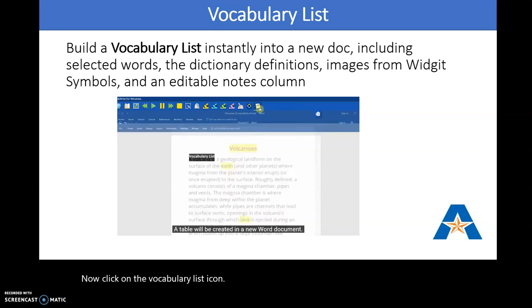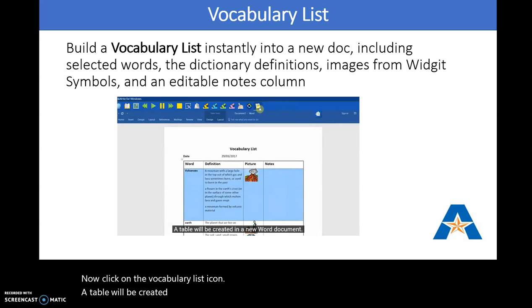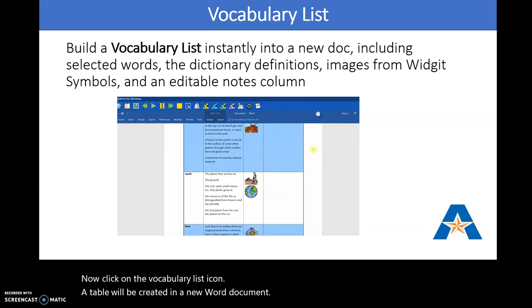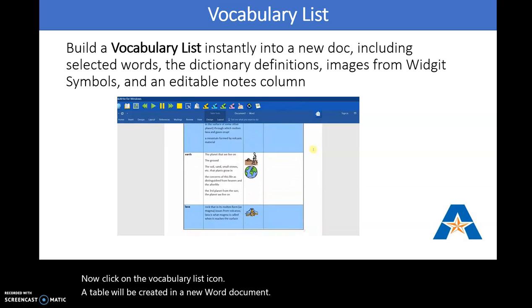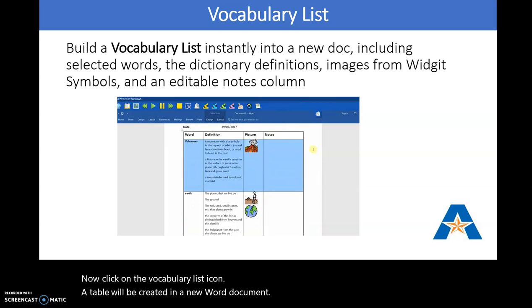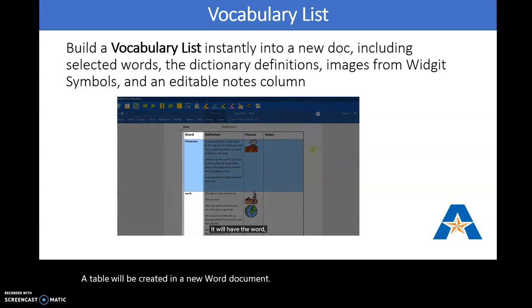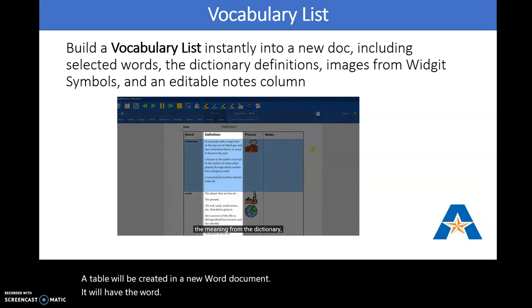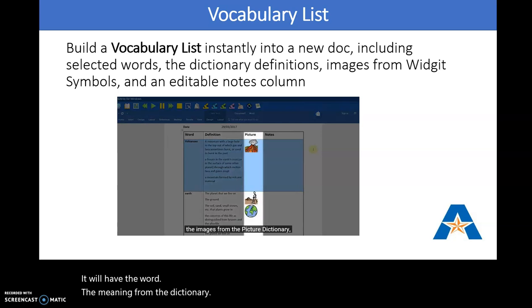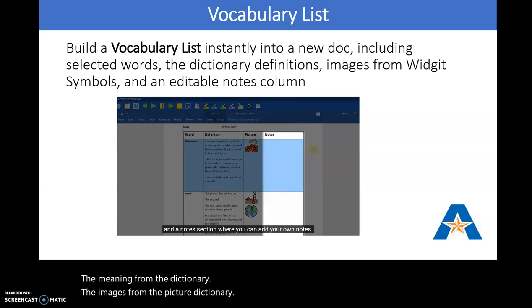A table will be created in a new Word document. It will have the word, the meaning from the dictionary, the images from the picture dictionary, and a notes section where you can add your own notes.